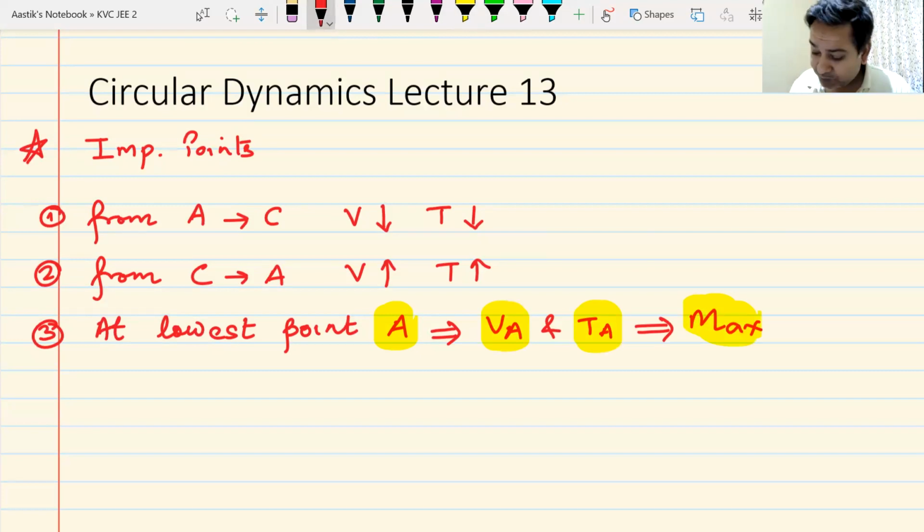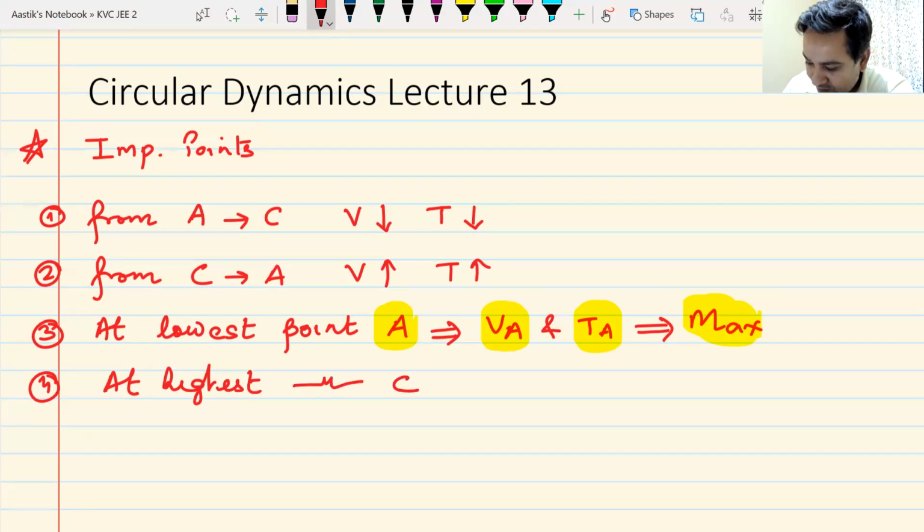If you know the third point, you can guess the fourth point. At the highest point, which is C, speed at C and tension at point C are both going to be minimum. I hope everyone understands this.